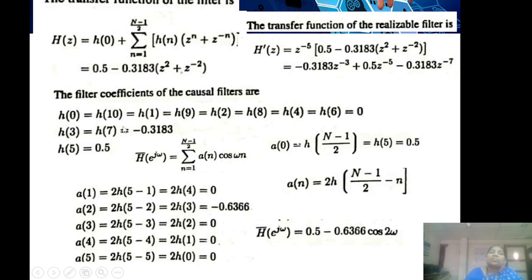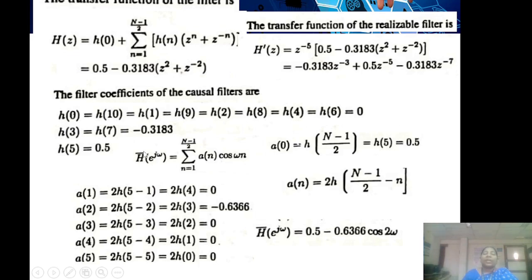From this we have the filter coefficients. Only h(3), h(5), h(7) have values. By the symmetry property, h(3) equals h(7), which is -0.3183, and h(5) is 0.5. The remaining values h(0), h(10), h(1), h(9), h(2), h(8), h(4), h(6) are 0.